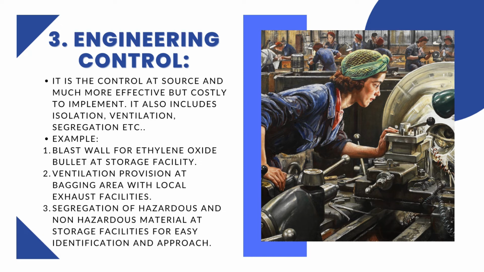Some examples of engineering control are the use of a blast wall for ethylene oxide bullets at the storage facilities, then ventilation provision at the bagging area, local exhaust facilities, and segregation of hazardous and non-hazardous material at the storage facility for easy identification and approach. So in this method of controlling the hazard, we should use engineering measures to reduce the hazard level.